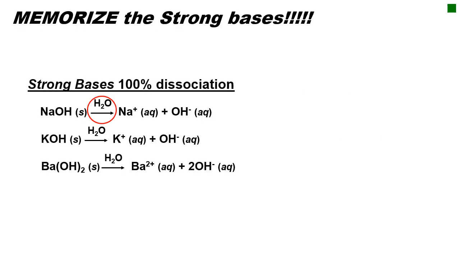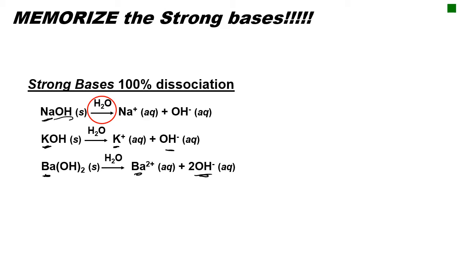While we're at it, let's make sure we've got the strong bases as well. Now, strong bases don't ionize, they dissociate. So we're going to put them in water. Our strong bases are going to be our inorganic group 1 and group 2 hydroxides, and they're going to break apart into their ions, into the cation and the hydroxide.